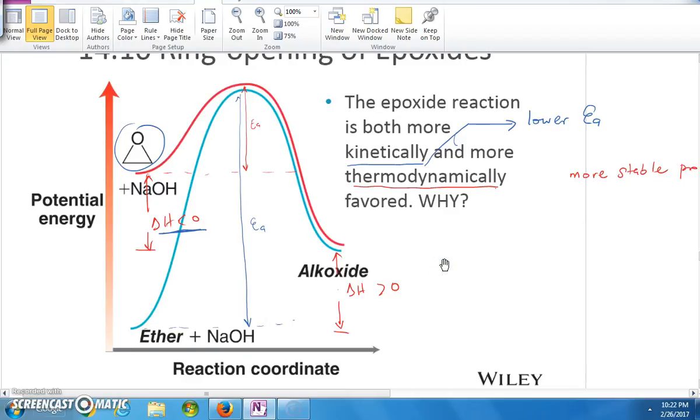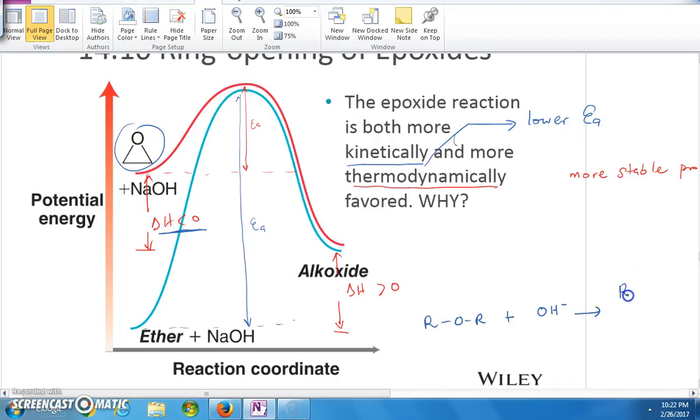On the other hand, the formation of an alkoxide from, say, an ether is endothermic. So if you start out with an ether and make this react with, say, a hydroxide ion, this is a very endothermic reaction.